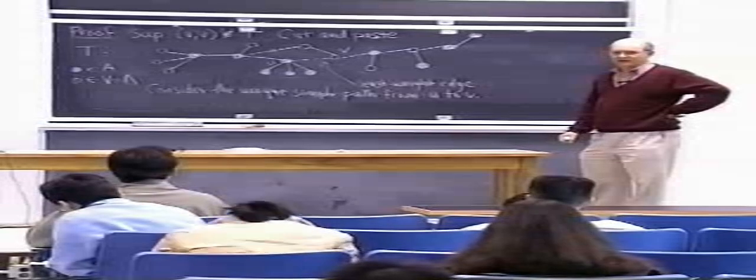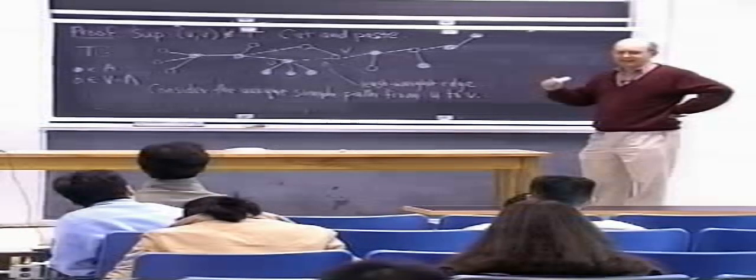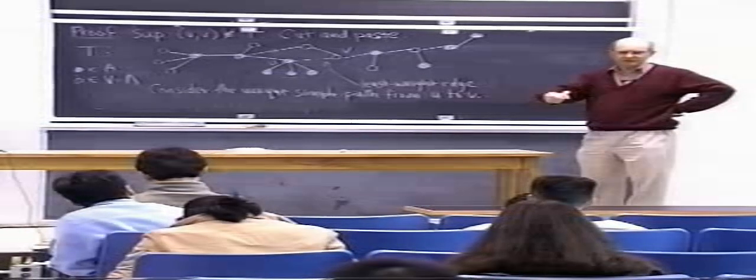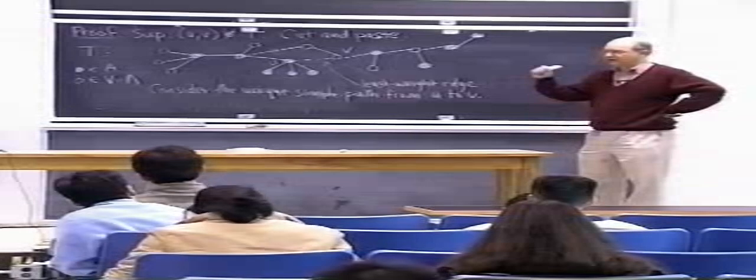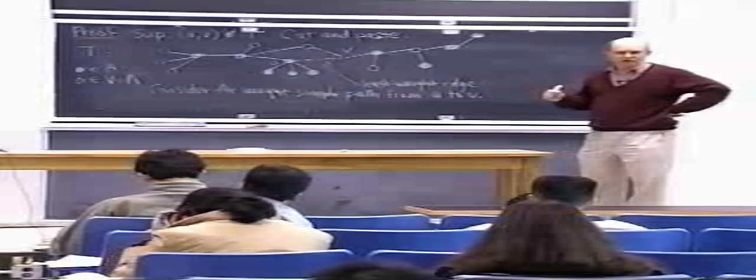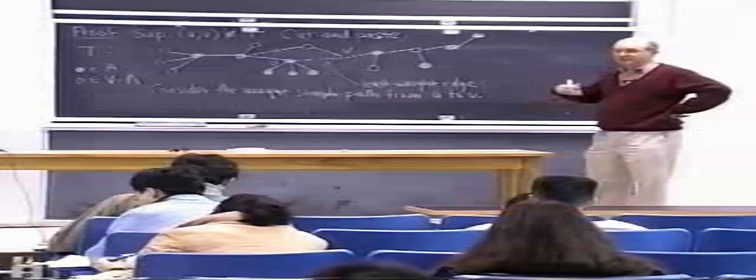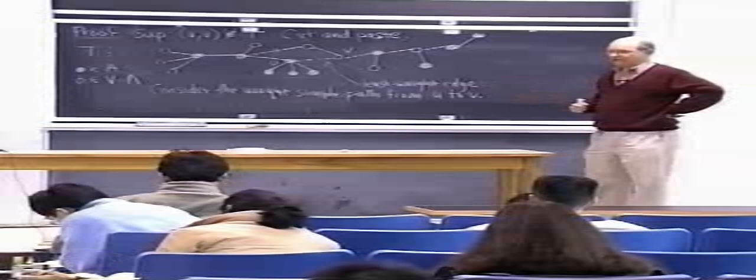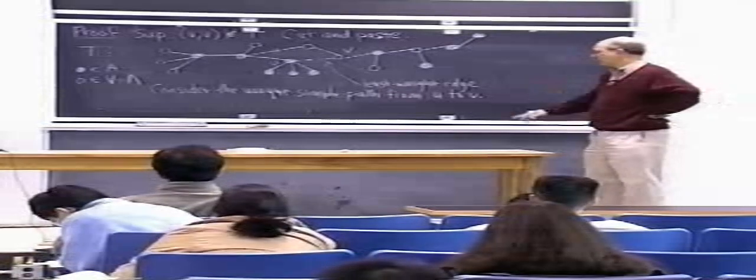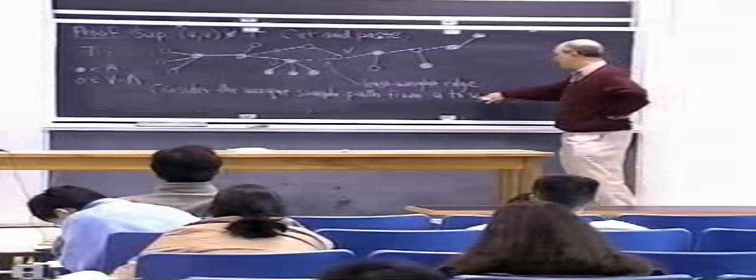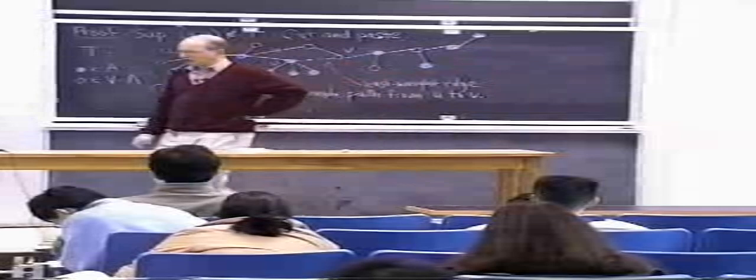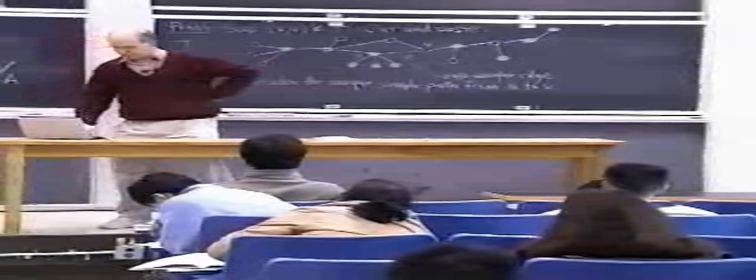I encourage everybody to reread that section. It's reprising some stuff that you may have had in 6042, but I encourage you to go through and look at those 6 properties and make sure that you understand what they're saying and why they're all equivalent. So we look at the unique simple path from U to V in T.